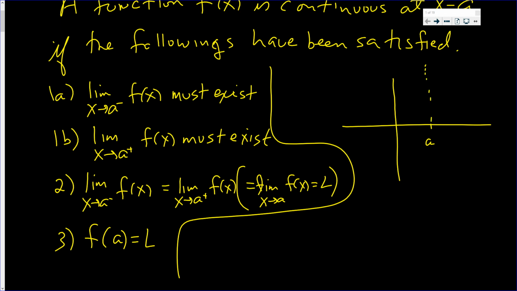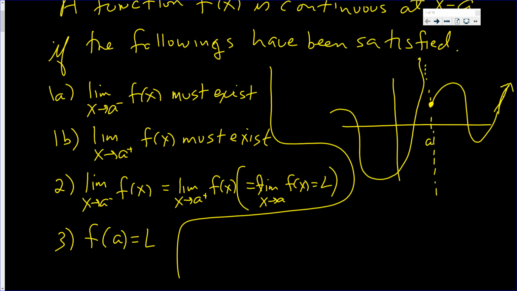For example, if 1a doesn't exist, maybe it goes like that to infinity, and 1b, the other side, is very well defined. It just goes up like that forever.